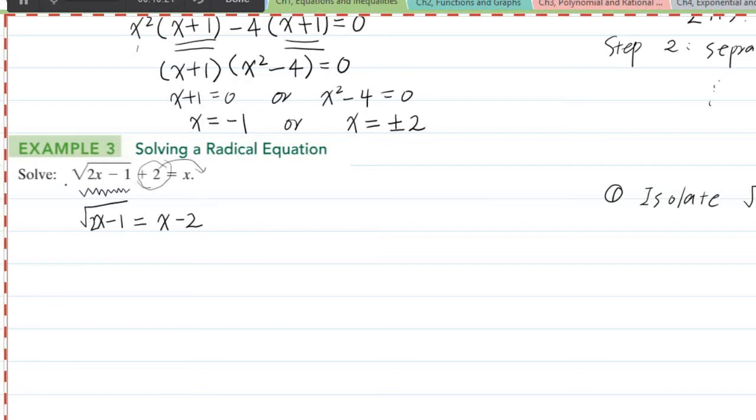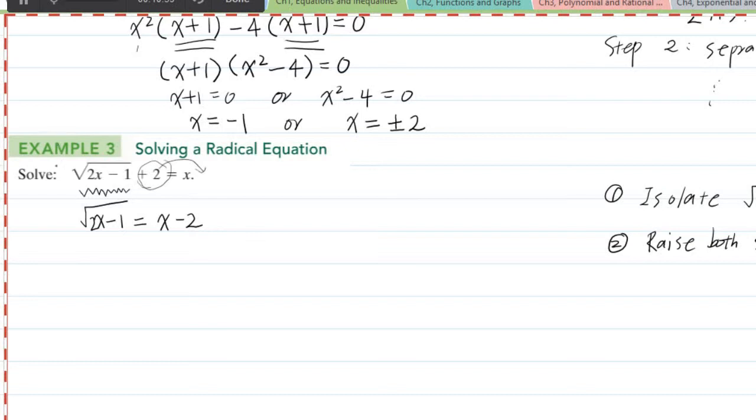Then step 2, your goal is you want to make that radical expression disappear. Your goal is you want to turn everything into just x. What you're going to do in step 2, I'm going to write right here, is raise both sides of the equation to the nth power, both sides.